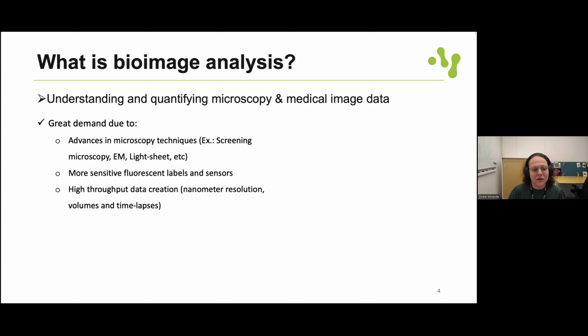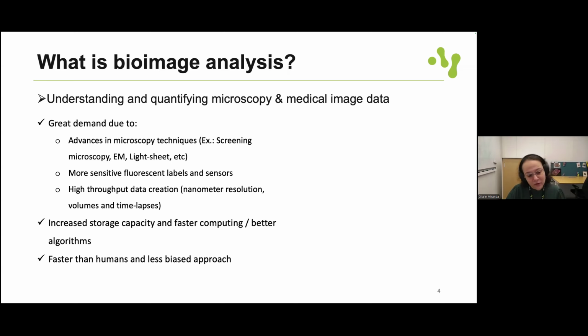So we are in a scenario of high throughput data creation. And here you can think about volume data, of course, time lapse, but also nanometer resolution, where it is impossible to extract any knowledge just by visualizing or manually handling these images. But at the same time, we also have faster computing and better algorithms to deal with this large scale data.